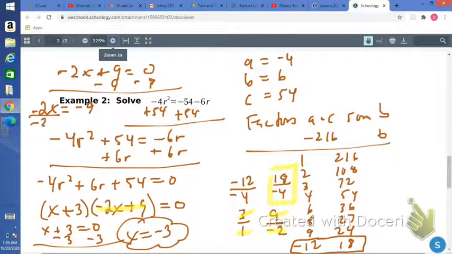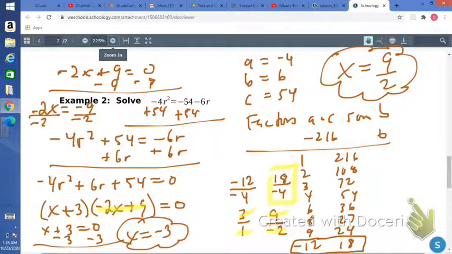Divide by negative 2. And so x is going to equal negative 9 over a negative 2, which is a positive 9 halves. Alright, so there's your two solutions for that one.